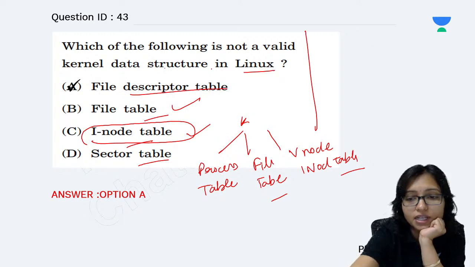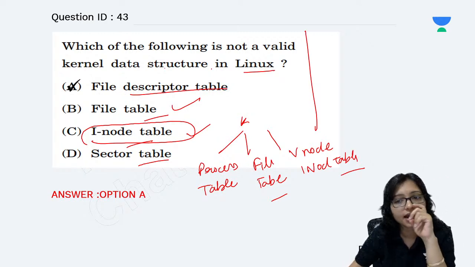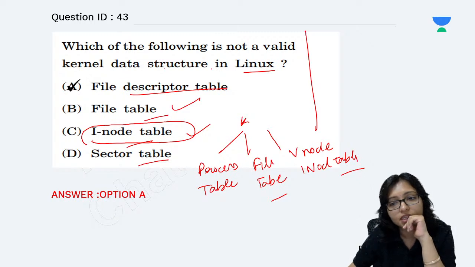File descriptor is not a part of the kernel table because a descriptor is giving the description, and that's why the kernel does not contain the file descriptor. Okay, the kernel is not containing the file descriptor, and it is the correct answer.